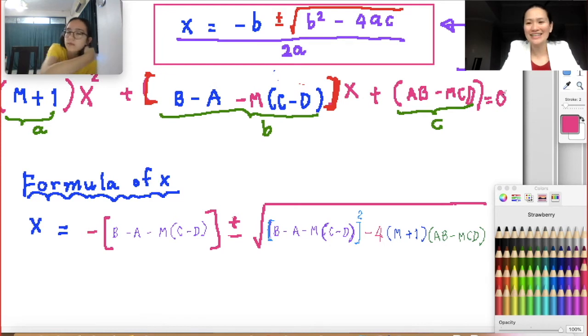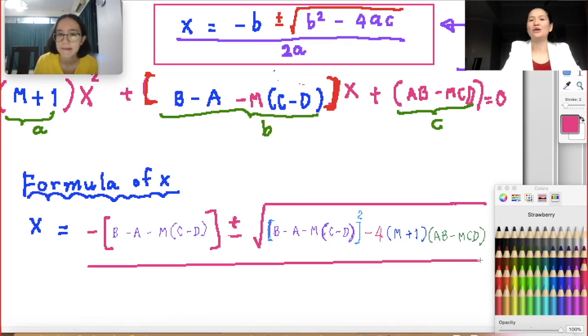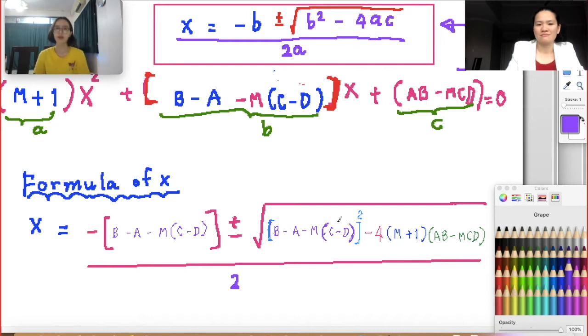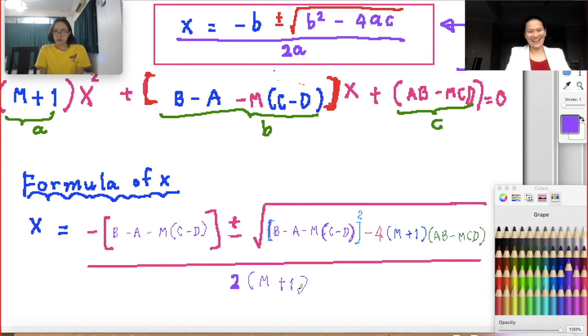And then divide it with 2a. 2a is here, 2. And what is a? a is m plus 1. And that's it. This one is your answer for the formula.